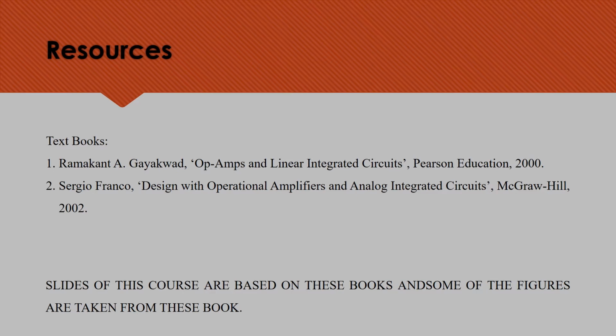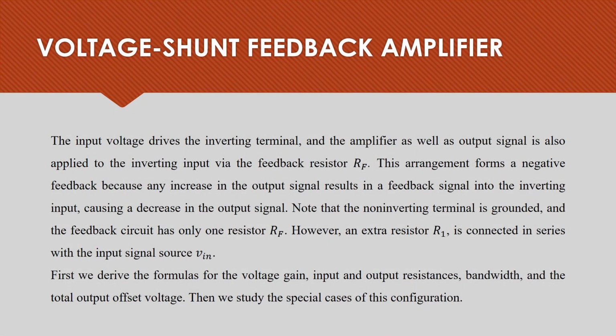So these are the resources used for preparation of these slides. So coming to voltage shunt feedback amplifier, the input voltage drives the inverting terminal of the amplifier, as well as the output signal is also applied to the inverting terminal via the feedback resistor RF.